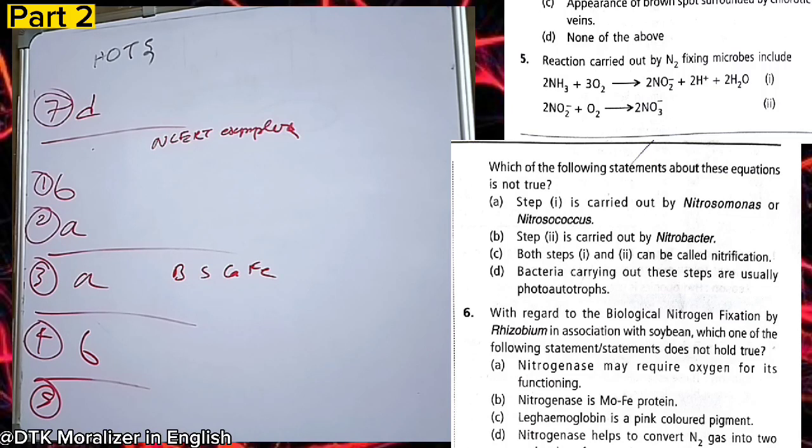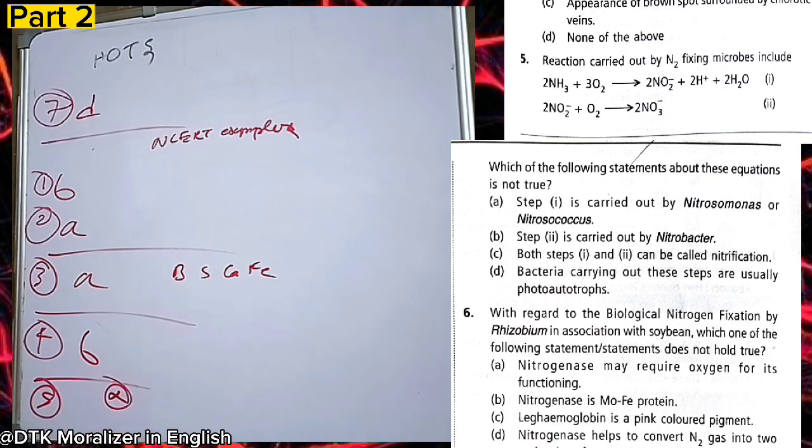Question number 5. Reactions carried out by nitrifying microbes include these reactions, as you can observe here. Step 1 is carried out by Nitrosomonas and Nitrosococcus. Yes. Step 2 is carried out by Nitrobacter. Yes. Both steps are together called nitrification. Yes. So here we have to find out the statement that is not true. Option D, bacteria carrying out these steps are usually photoautotrophs.